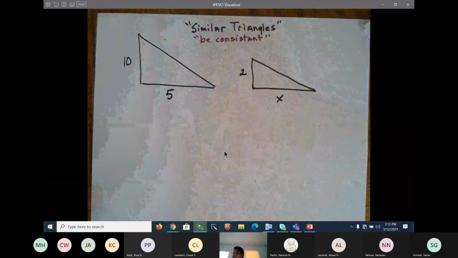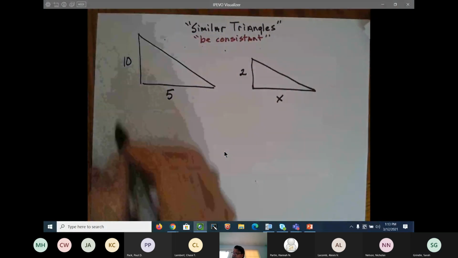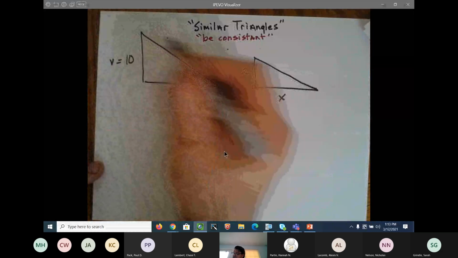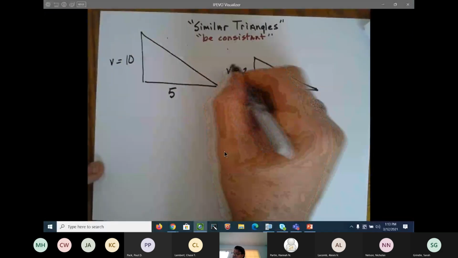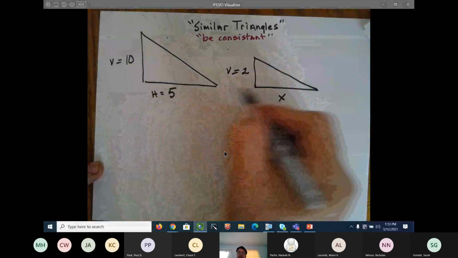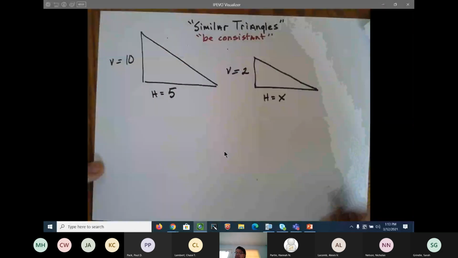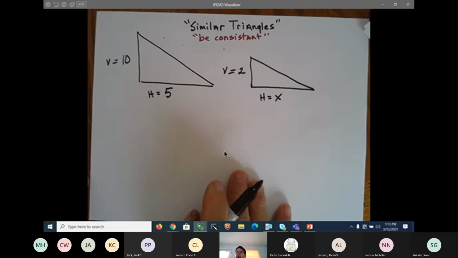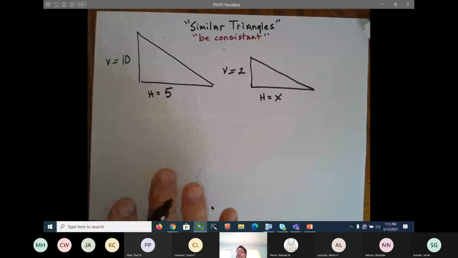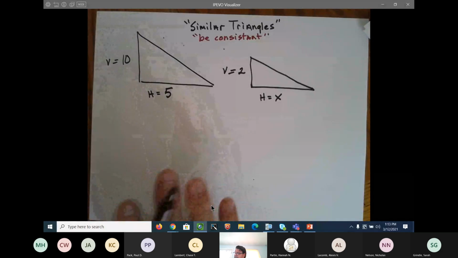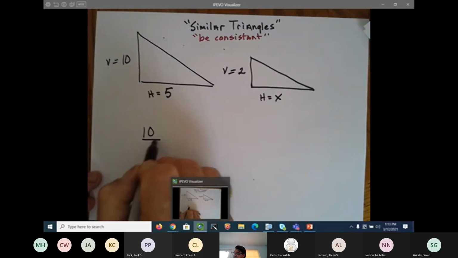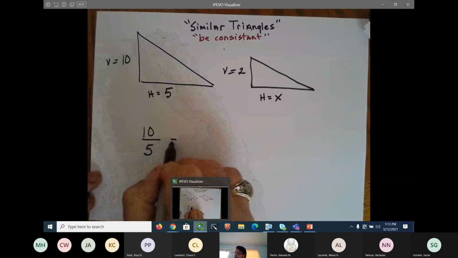All right, here is my vertical distance. Here is my vertical distance. This is my linear distance. This is my horizontal distance. This is my horizontal distance. Does everybody understand that? Now, the way that I set up my direct proportion, I want to be consistent. What do I mean? Well, let's say I put 10 to 5. 10 is to 5. What should I put over here?